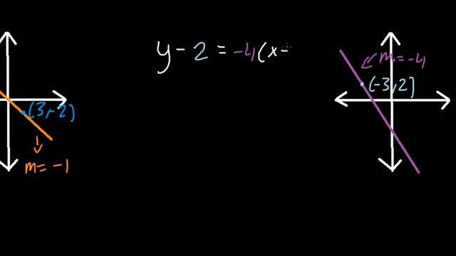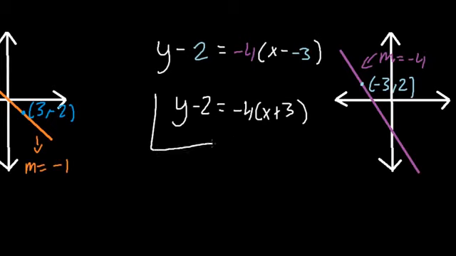Well, that's -3. x minus -3, and that would be the end of it. Well, let's see. Yes, we can simplify this. What could we simplify it into? Well, it'd be still y minus 2, and it'd still be a -4 right there. But in here, x minus -3, well, that's the same thing as x plus 3. And then this would be your final answer.